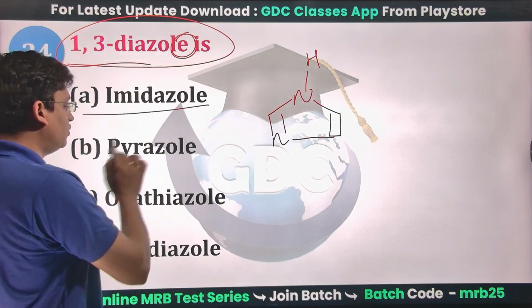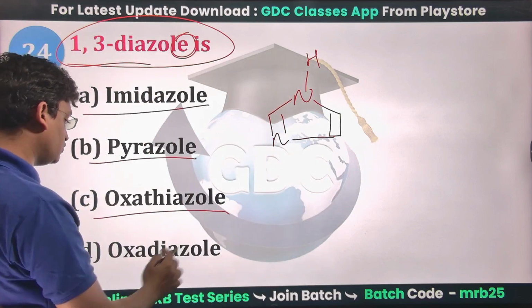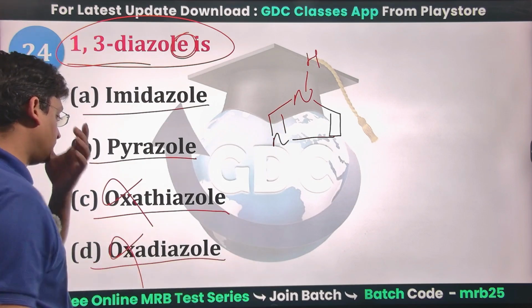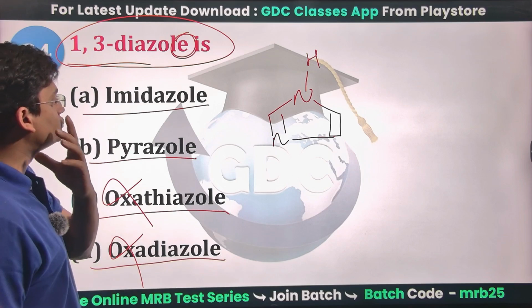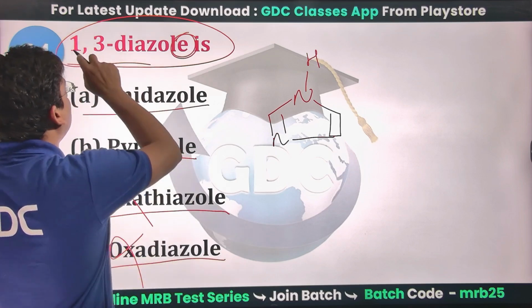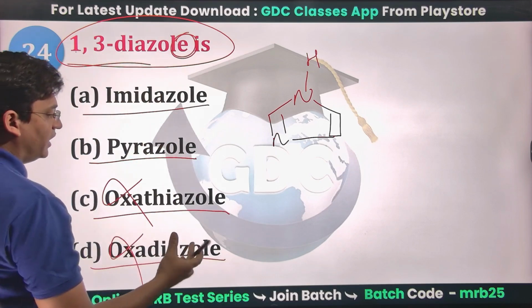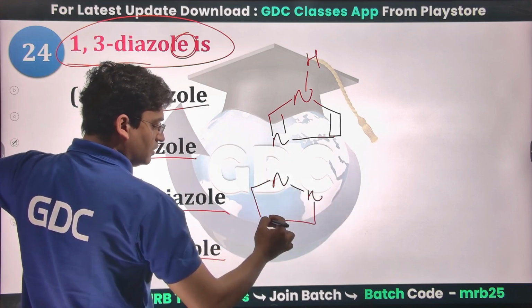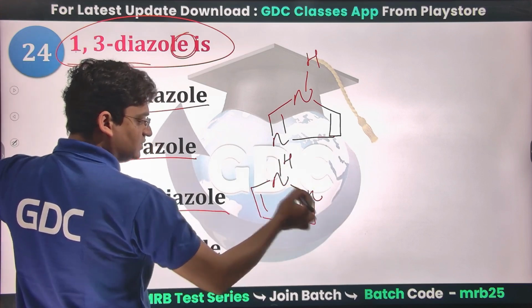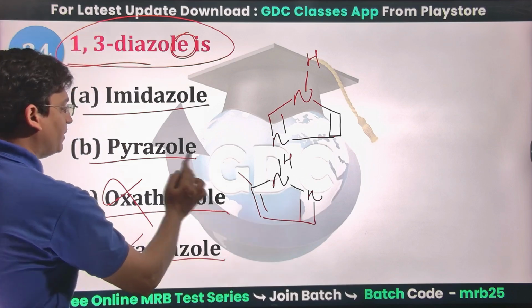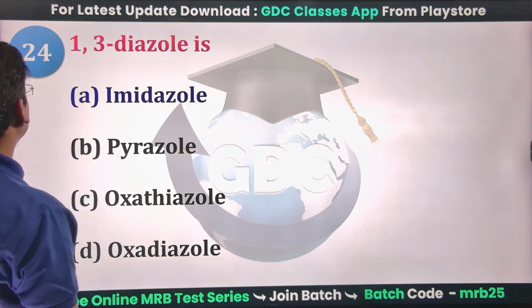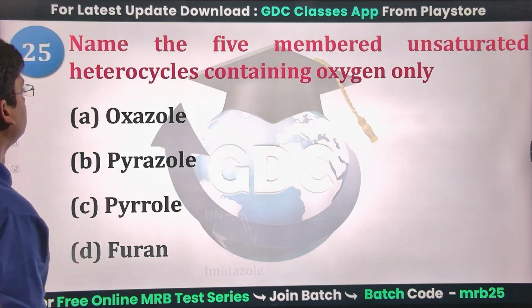Is it imidazole, pyrazole, oxthiazole, or oxdiazole? We are not having oxygen. So pyrazole and imidazole: if it was 1,2 diazole, then it will be pyrazole, and when 1,3, then it will be imidazole. A will be the right answer.